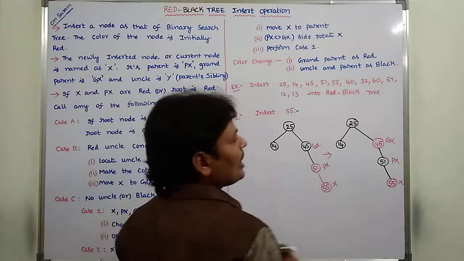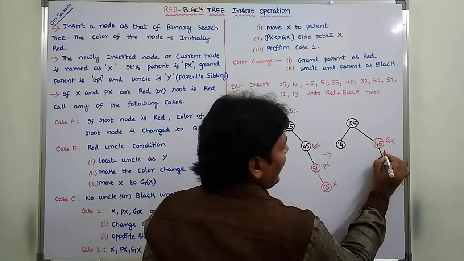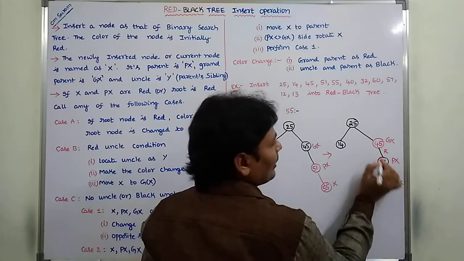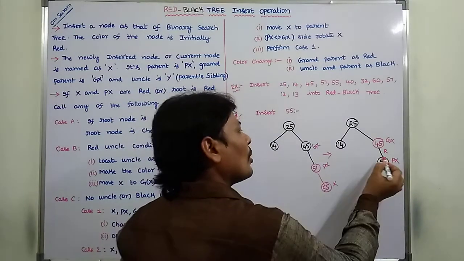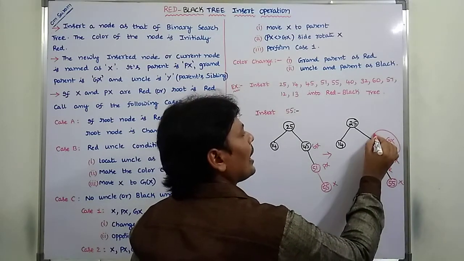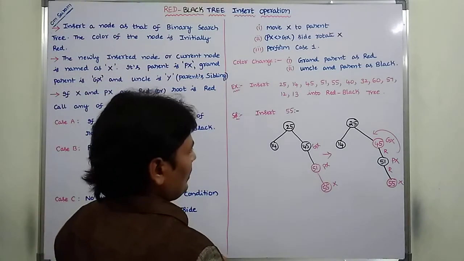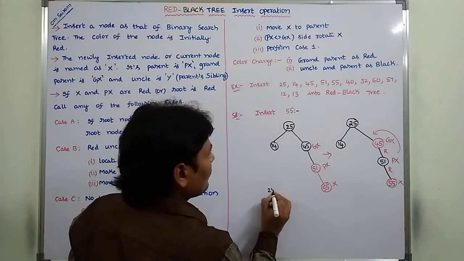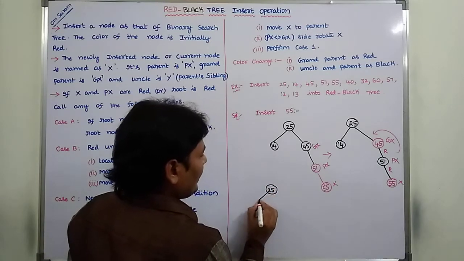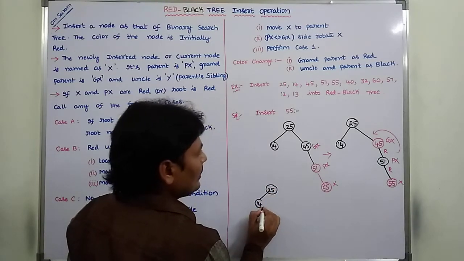After performing the change color, opposite side rotation. This is right, and this is also right, so right rotation. Then it goes to left, so we have to move this one. Then we are getting 25, left hand side is 14.